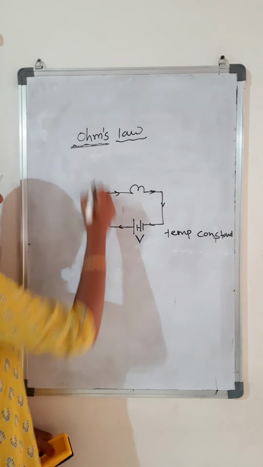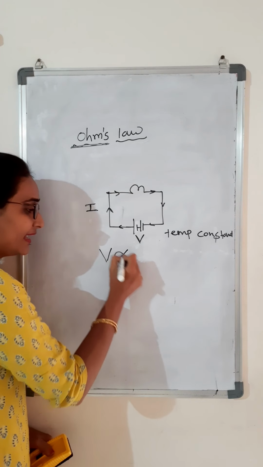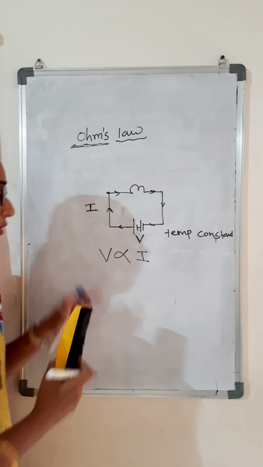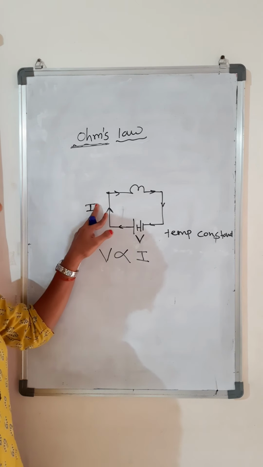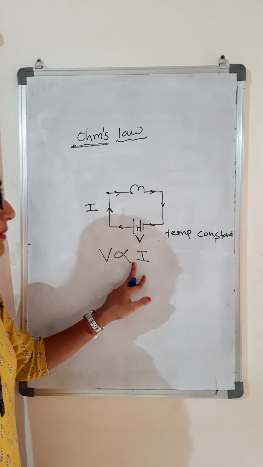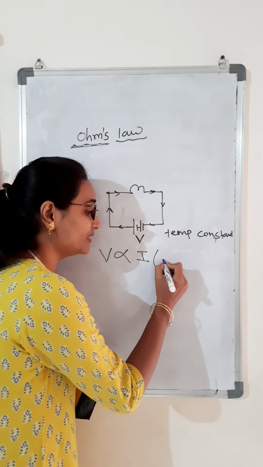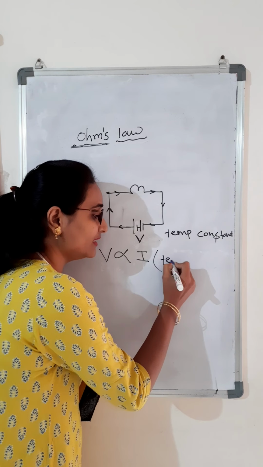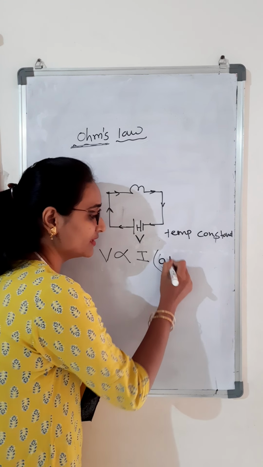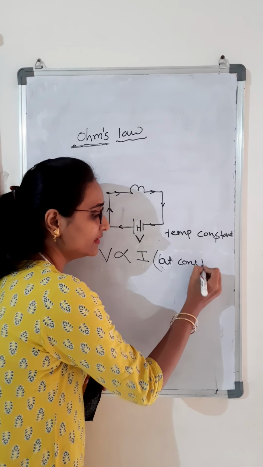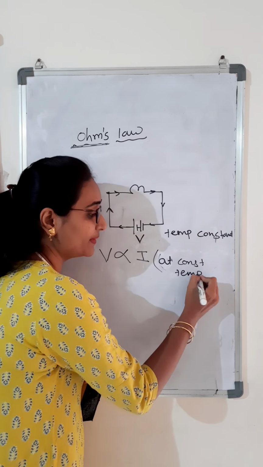What is the statement? V is directly proportional to I. One thing, provided, at a constant temperature.